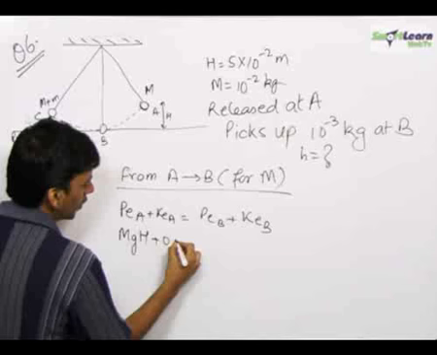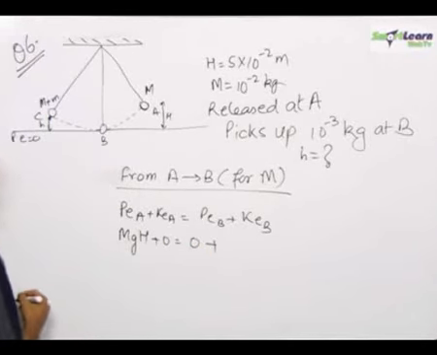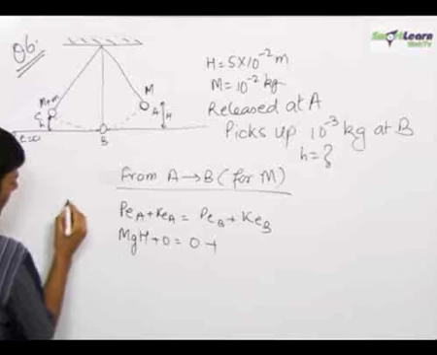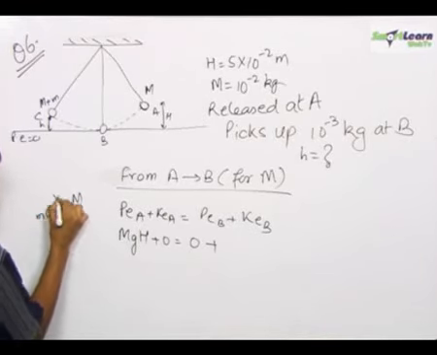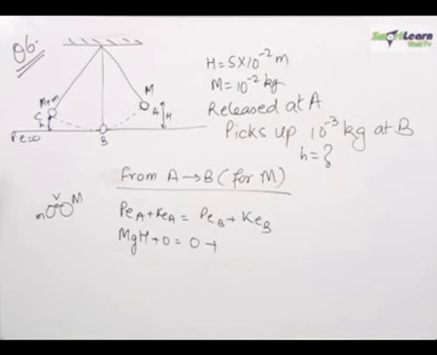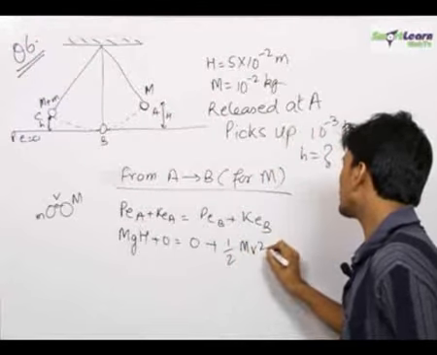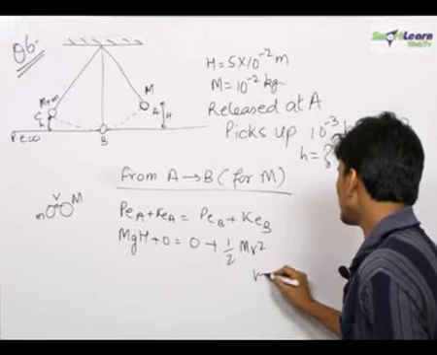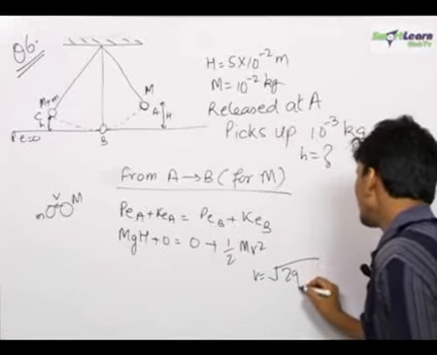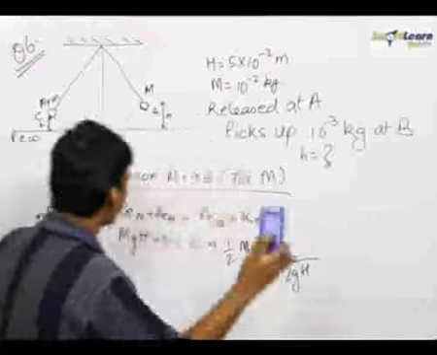Kinetic energy initial was 0, is equal to potential energy at B, which is 0, plus kinetic energy at B. Let the mass m come down to level B with velocity v. Therefore, this is equal to half mv squared. We cancel m and m to get v equal to root over 2gh. So, we remember this result.